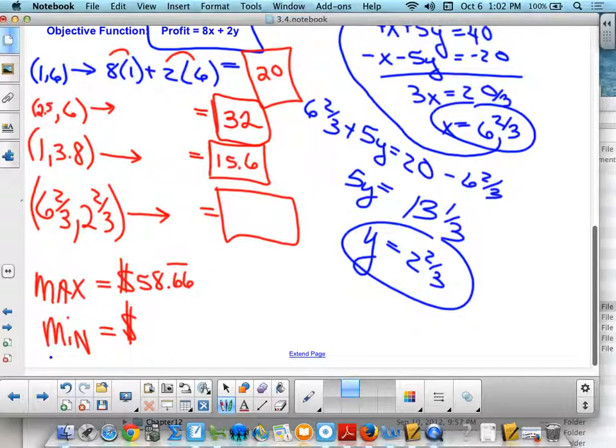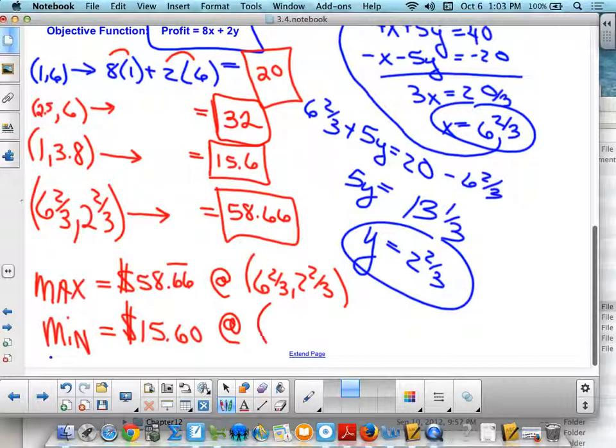Okay, and by the way, I knew that was the maximum, that's why I put it there. The minimum was $15.60. At what point? Gotta tell me where it happens. 6 and 2/3, 2 and 2/3. Where did the minimum happen? 1, 3.8.